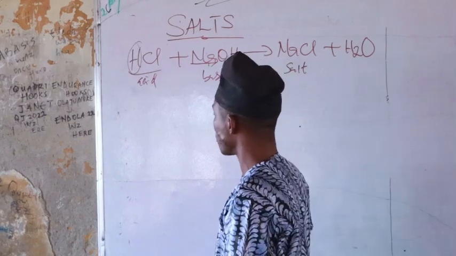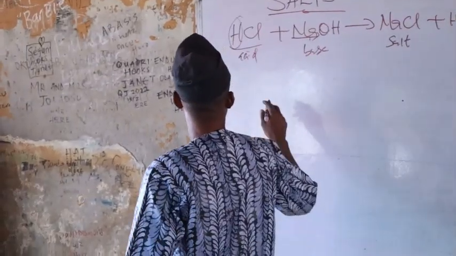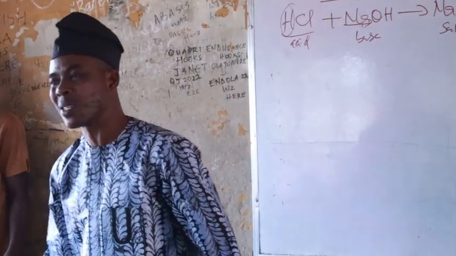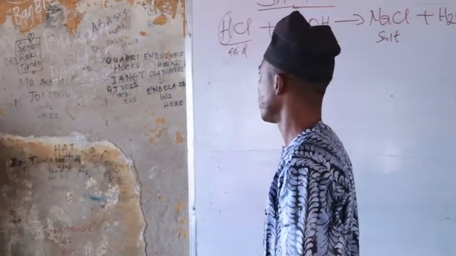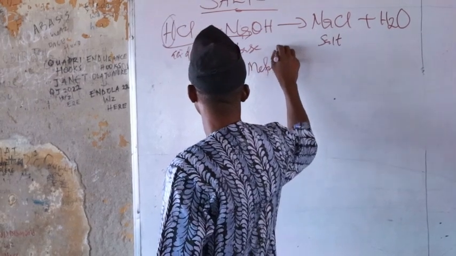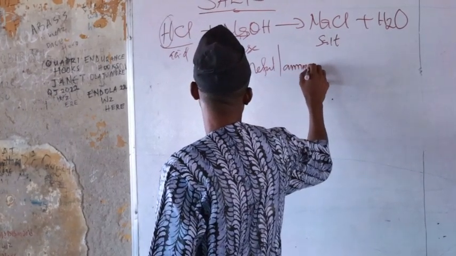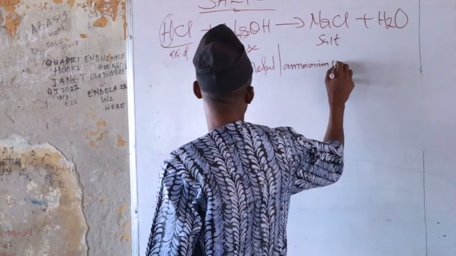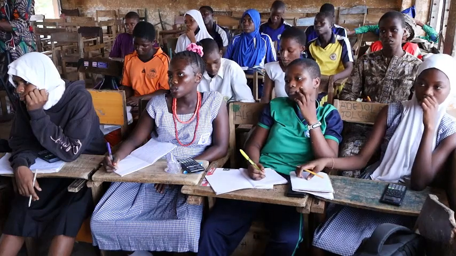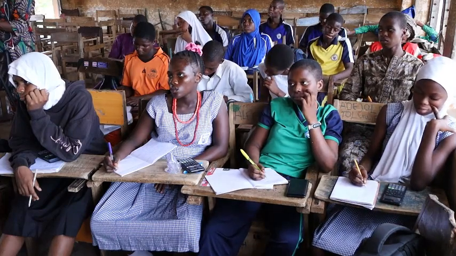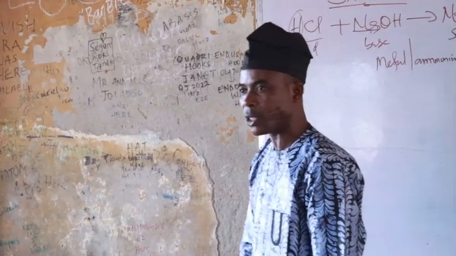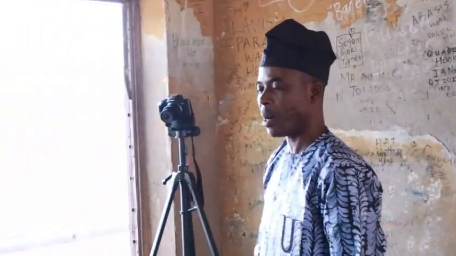So a salt is a substance formed when the replaceable hydrogen ion of an acid is partially or completely replaced with a metal or ammonium ion.